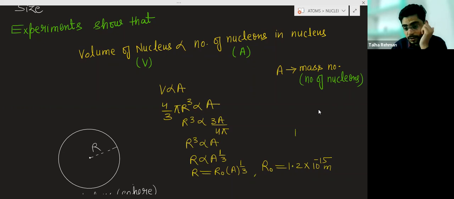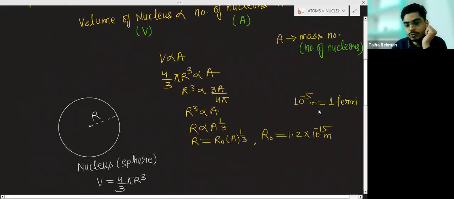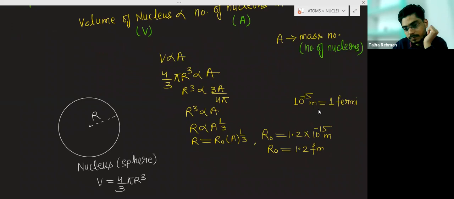And 10 to the power minus 15 meter is equal to 1 Fermi. So you can say r naught is 1.2 Fermi. Fm means Fermi. And this r naught is constant for all nuclei.